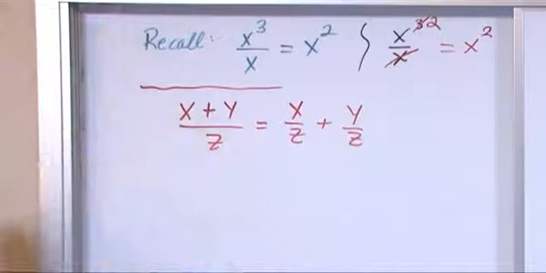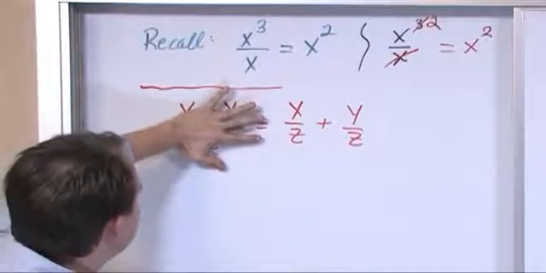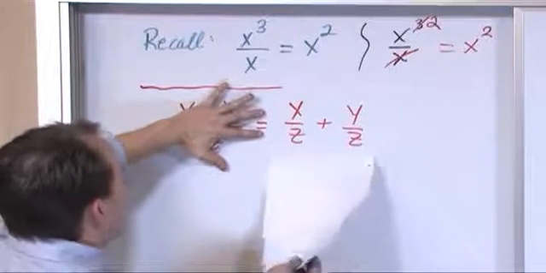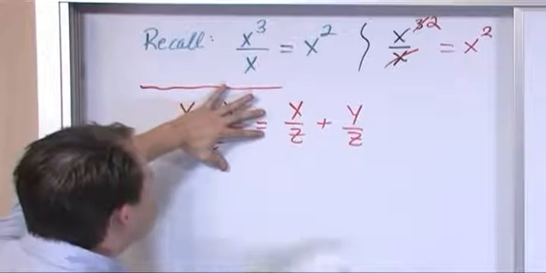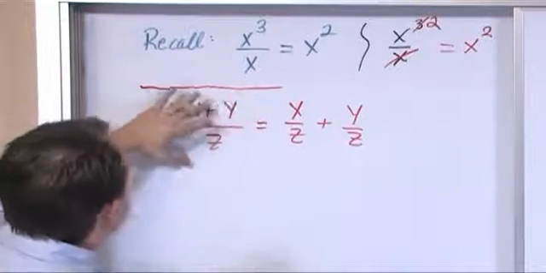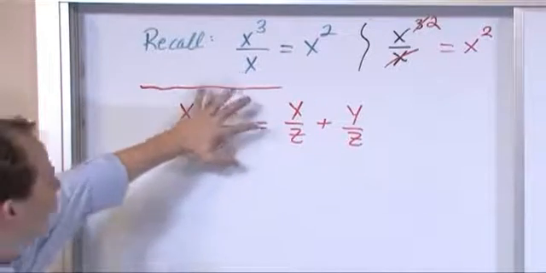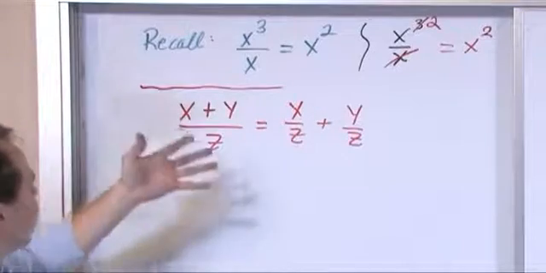The only reason I bring this up is because in some of these problems you're going to need to do this, and some students ask, how did you do that? Well, think about it. If I didn't give you the answer, and you just looked at x over z plus y over z, how would you add those fractions? You would keep the common denominator, and then add the numerators. That's exactly what I gave you. So this is no different than what you already know. I'm just going in reverse.